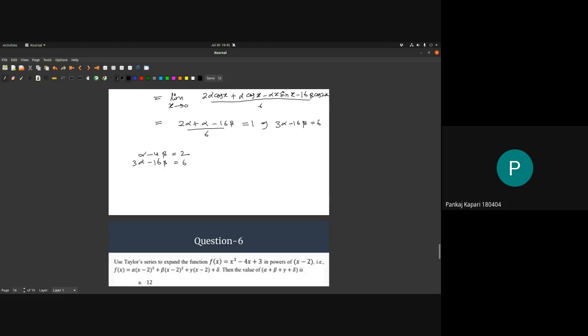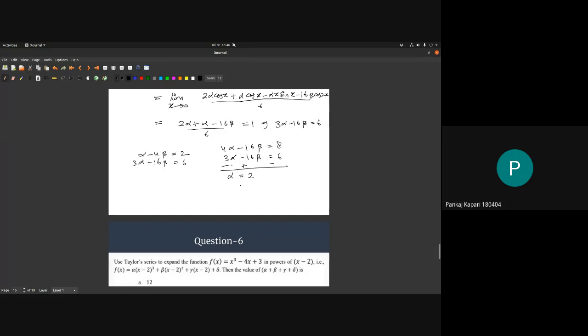Just multiply the first equation by 4. We'll have 4 alpha minus 16 beta is equal to 8, and the second equation is the same, and just subtract these equations. These two terms will cancel because we are subtracting, and 8 minus 6 is 2, so alpha must be equal to 2.